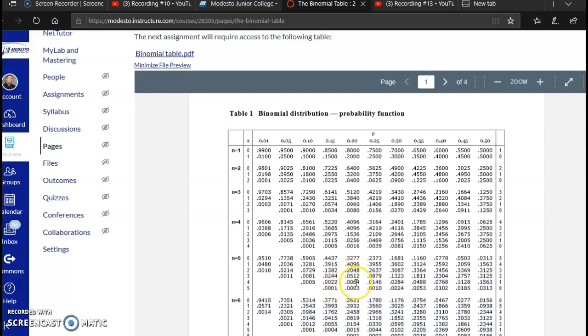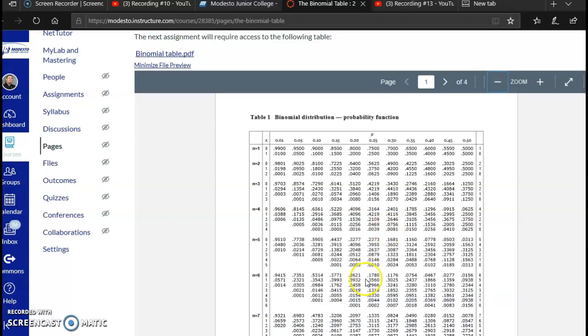You're actually looking at it here. I think I need to minimize it a little bit. So this 0.064 happens to be the intersection of n equal to 5, x equal to 4, and then the value of p equal to 0.20.